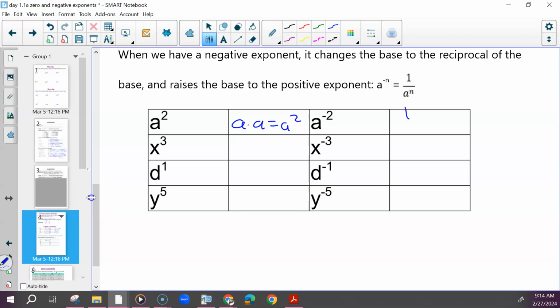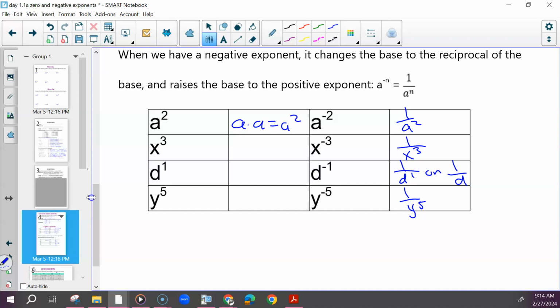Yes. 1 over a squared. So then x to the negative 3 would be 1 over x cubed. d to the negative 1. One over d to the first, or just 1 over d, either or. And then y to the negative 2. Correct.